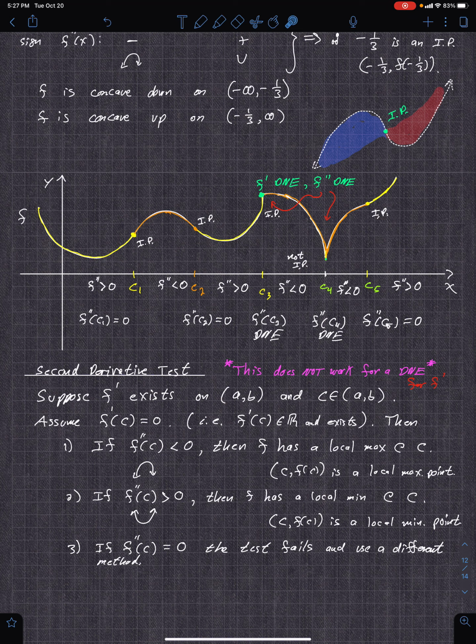So what I want you to remember is f prime of c is 0, and f double prime of c greater than 0 is concave up, which implies a minimum. You have to picture the graph for the concavity, and then say that has to be a minimum or a maximum. Okay, and then we'll get into, of course, a bunch of examples.